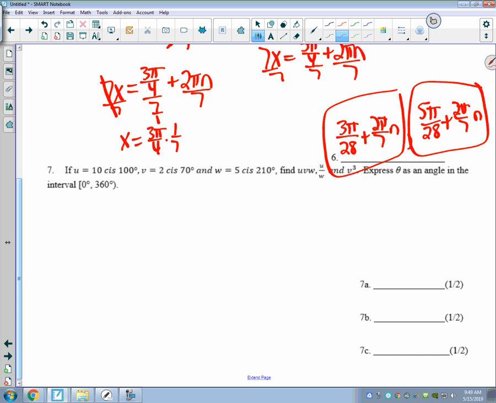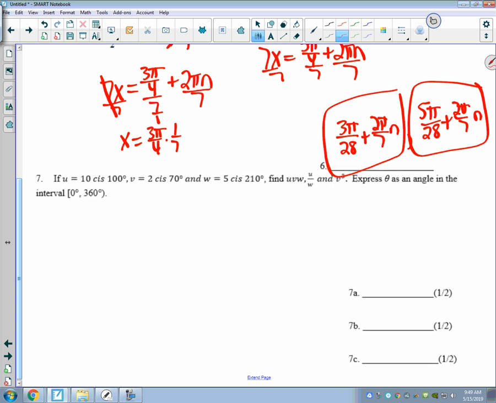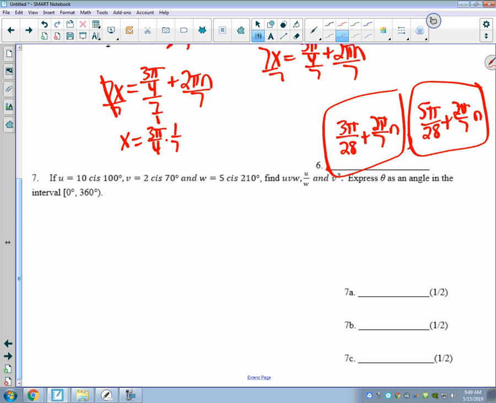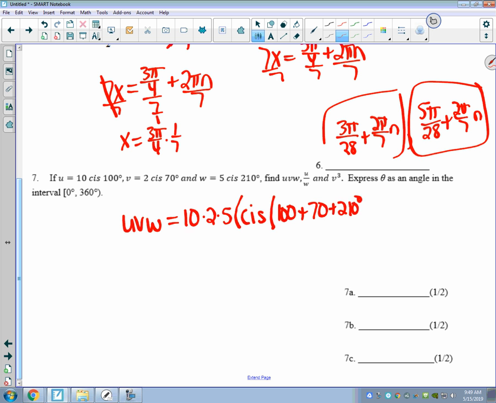Number 7 seems more recent than some of the other ones that we've done. I feel like that was Unit 3, number 7 here, of a complex number in trig form. So they already gave us this in the cis form, like cosine i sine, and they just ask us for different things. So for u times v times w, remember you multiply the r's, so 10 times 2 times 5, and you add the thetas, so 100 plus 70 plus 210 degrees.